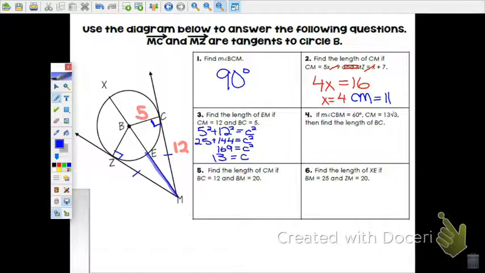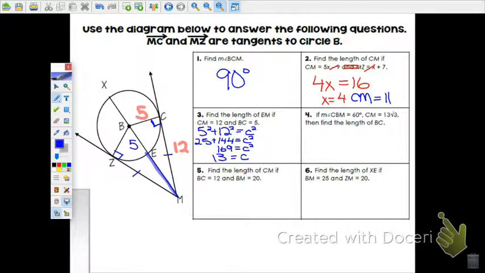So 13 goes all the way from M to B. I only went from M to E. So how much do I have to take away? 5, because BC is 5, that's a radius, which means BE is also 5.